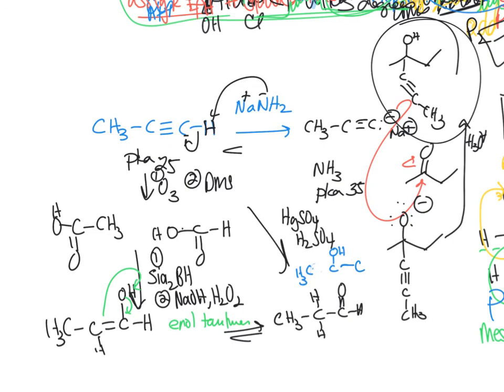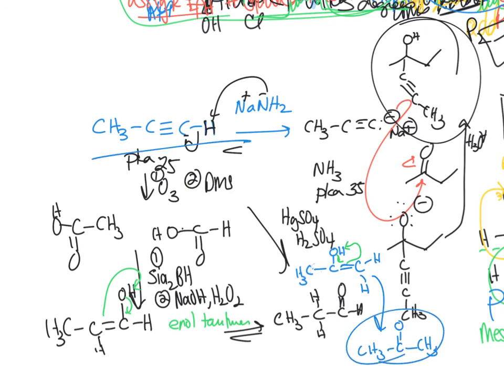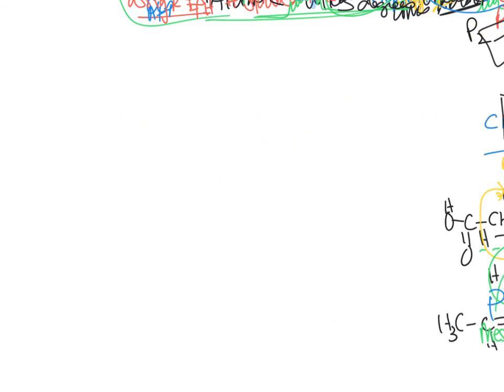So you get the internal carbon. And then when you do your enol tautomerization, you get a ketone instead of an aldehyde. Okay, so alkynes can go to ketones or aldehydes here. And then the other one you want to look at is the reduction.